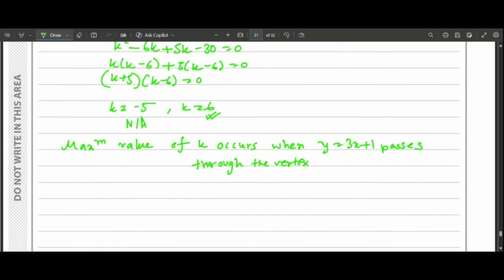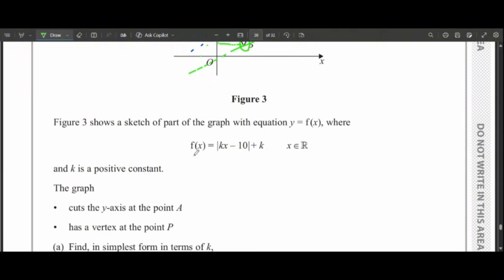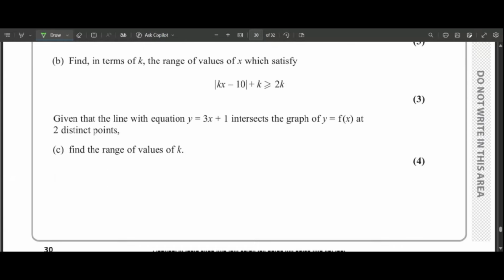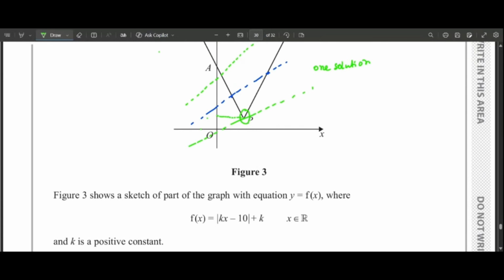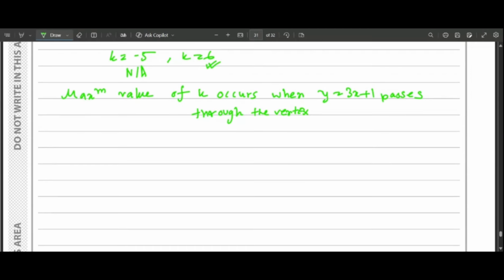Now this is the maximum value of k. What about the minimum value of k? The minimum value of k must be greater than 3. The maximum value of k is 6, and the minimum value of k is greater than 3.